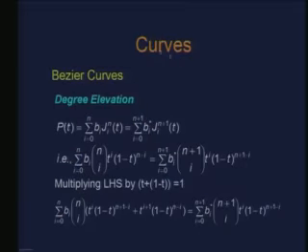So, I use this identity t plus 1 minus t, which is equal to 1, and multiply the left hand side with this.